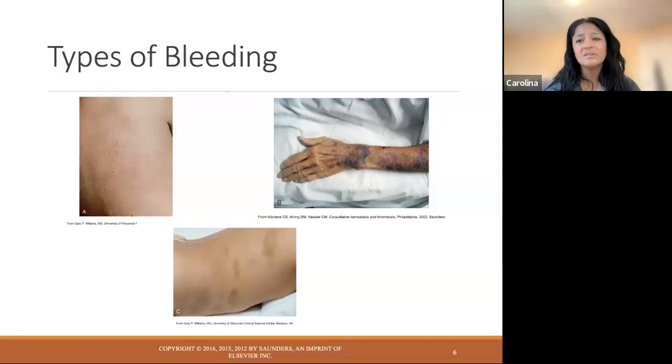And ecchymosis are really what we call bruising. So ecchymosis on the bottom would be considered a bruise. Purpura is too, but sometimes they tend to be a little bit smaller. They're all signs of mucocutaneous bleeding.